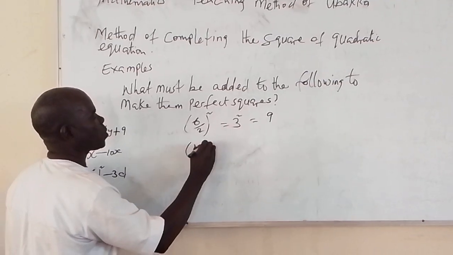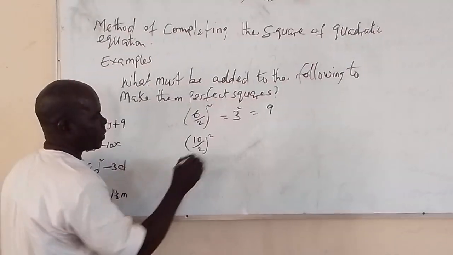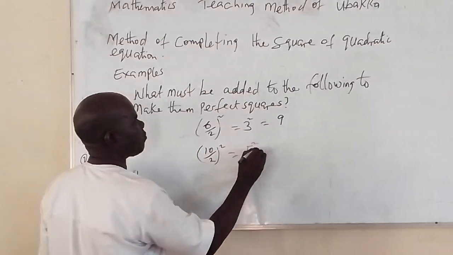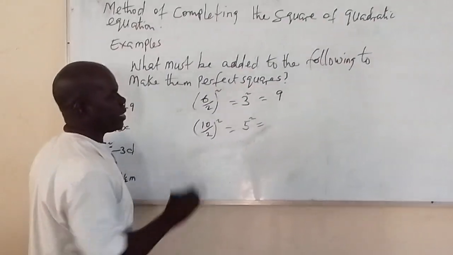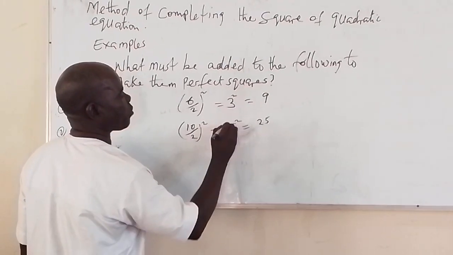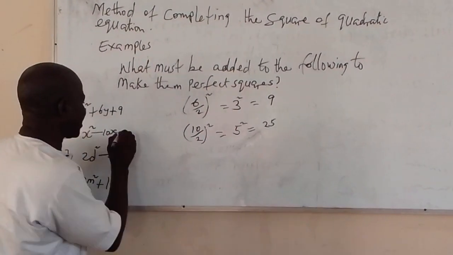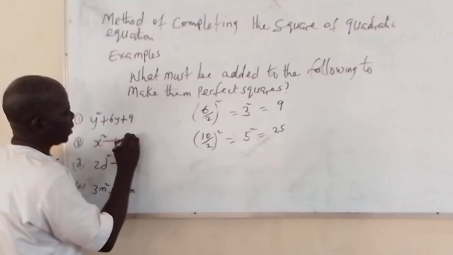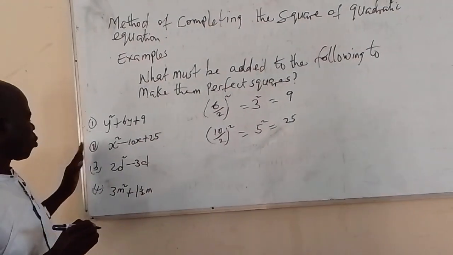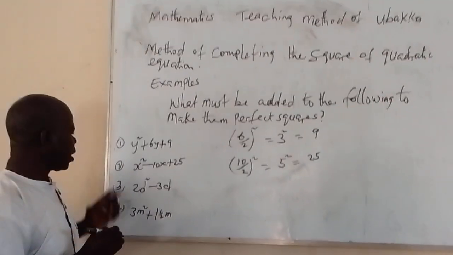If you divide 10 by 2, you will have 5. Then 5 squared is going to be 25, that is 5 times 5 is 25. And you come and add what? That 25. That 25 makes this particular number 2 a perfect square.